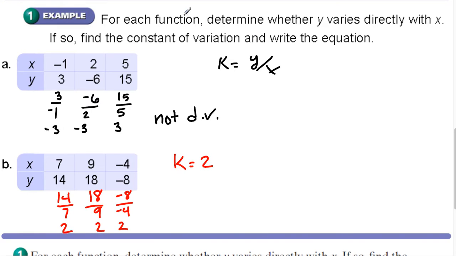And find the constant of variation, k is 2, and then write the equation. We know it's y equals kx, so then it's just y equals 2x. Very, very simple. Don't overthink it. Don't overwork it. Okay? All right, so now let's go ahead and take a look at example 2.